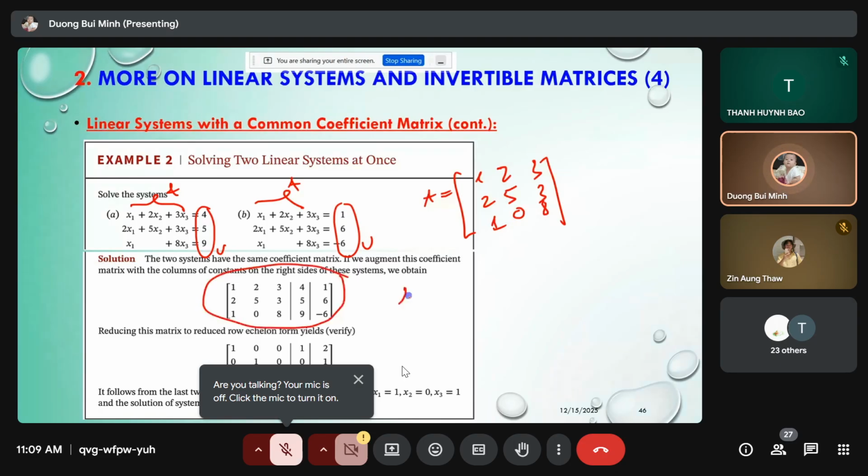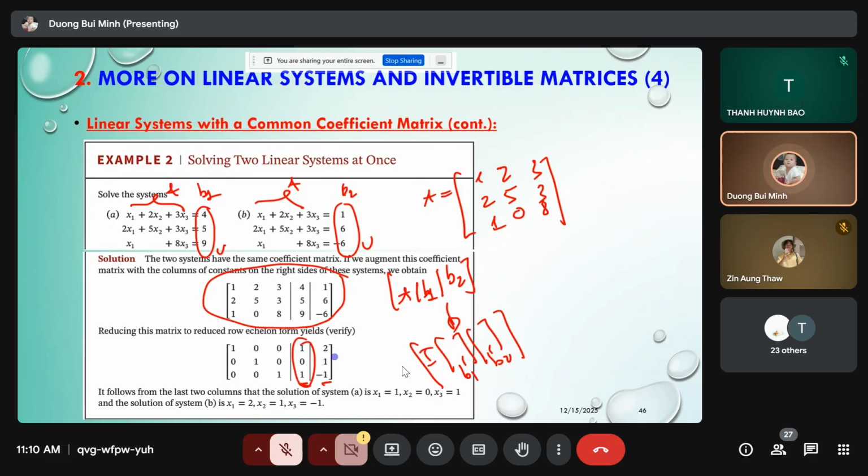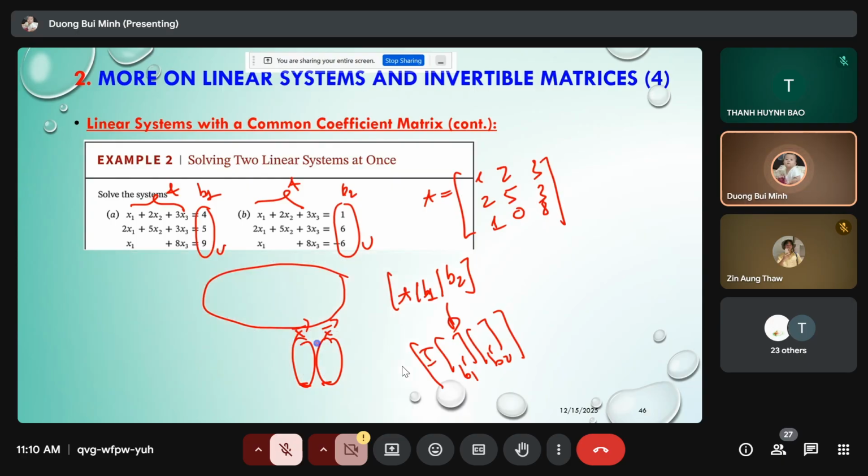So we can combine A with constant terms B1 and B2. After that, we modify A to become I, and then you can get B1 over here, B2 over here, like this. So this one is the solution X, and this one is the solution X.